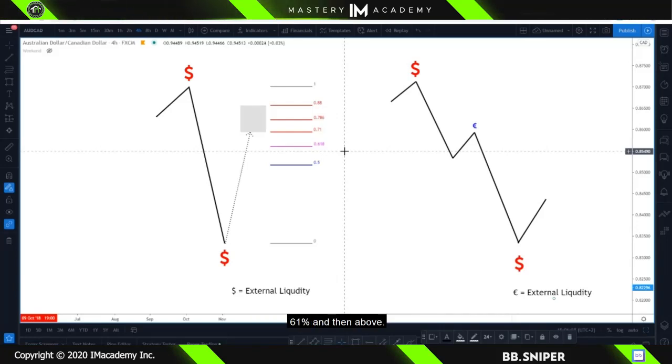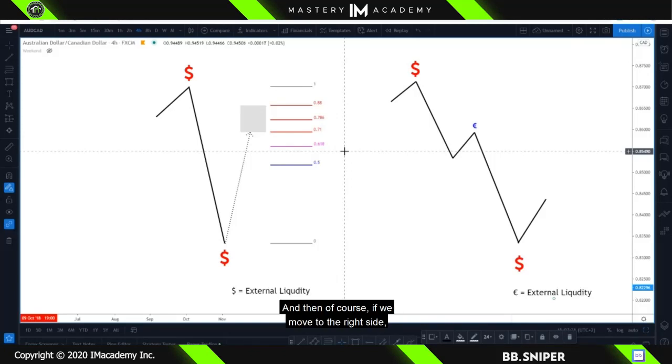What is that? 61%, and then above. So 71 and 78.6 are, for me personally, the best levels to see a deep retracement to, where the market can come back to search for new orders in the discount area, and then that could lead towards a really good entry for getting in for a short and trading with smart money, getting that setup.